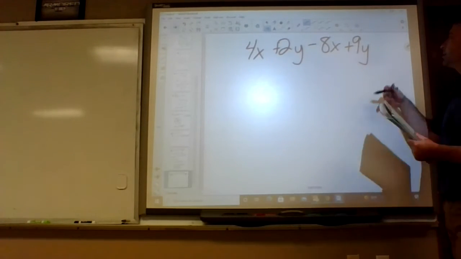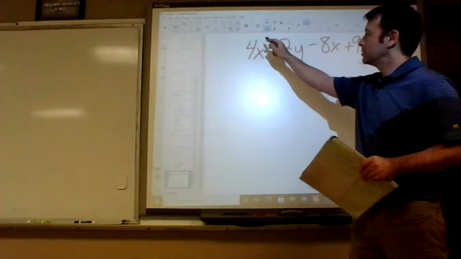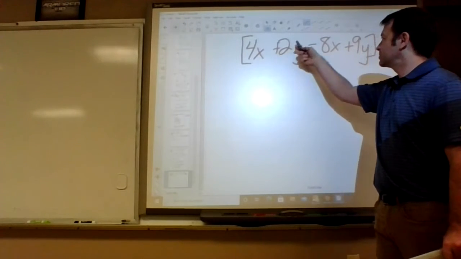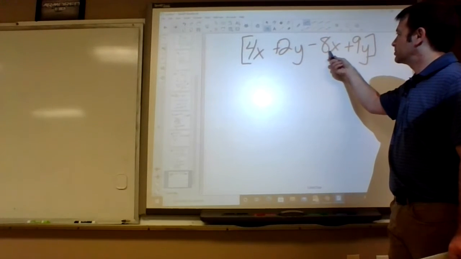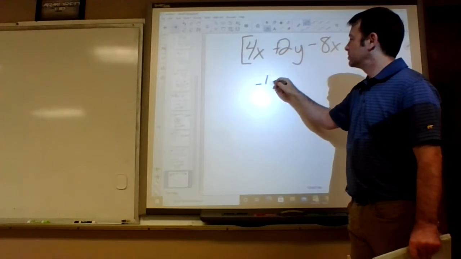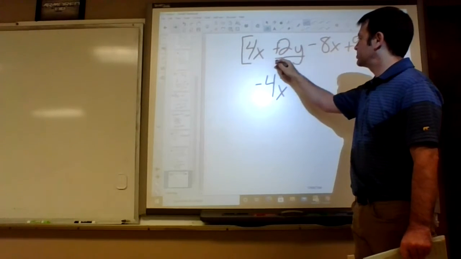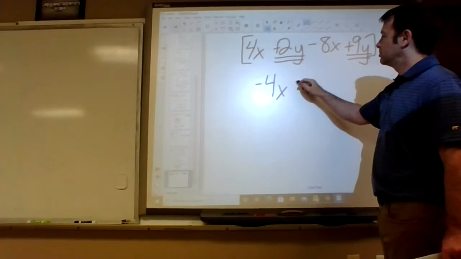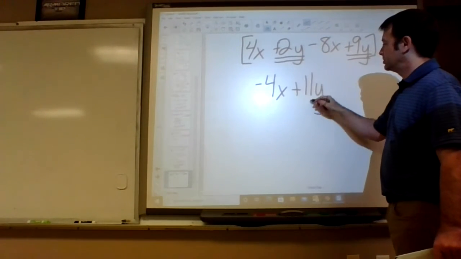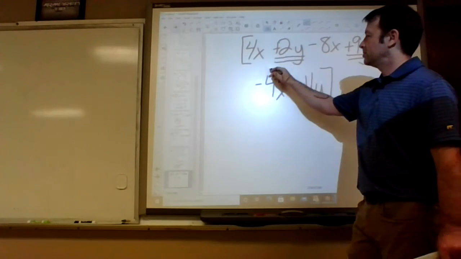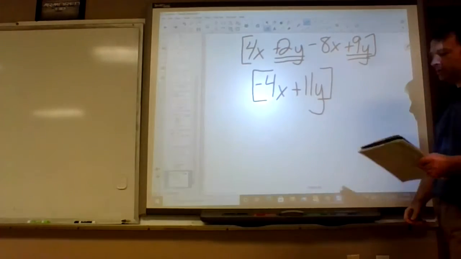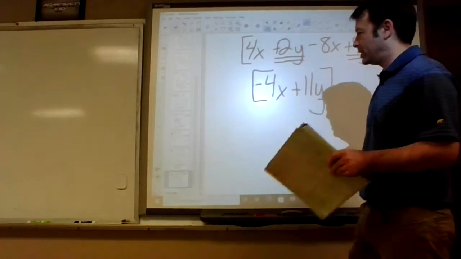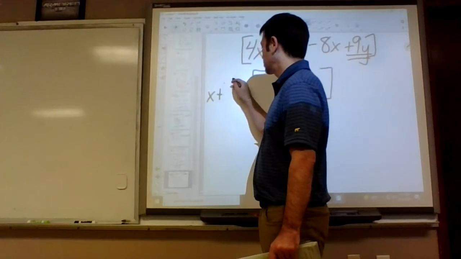Now all this is still in the brackets, right? So now what do we do? 4x minus 8x is negative 4x. And then I see plus 2y plus 9y, plus 11y. Still in the brackets, but now we can't do anything else in the brackets, so let's look outside. It says x plus 3y, minus in front.